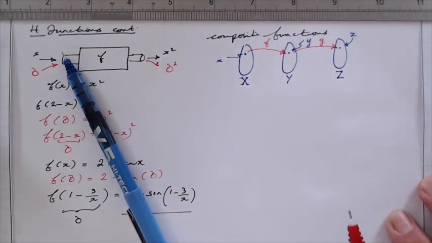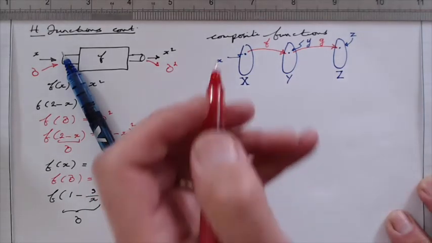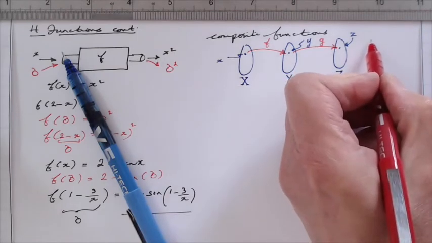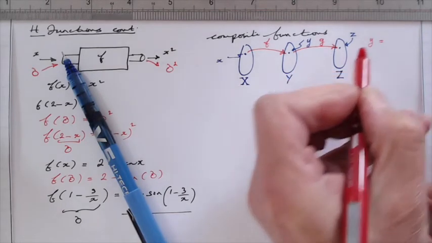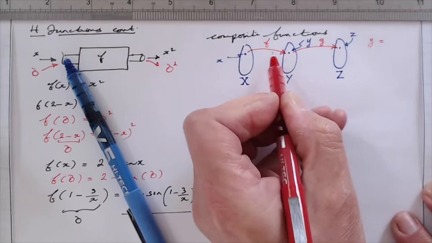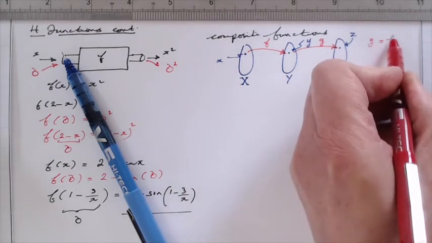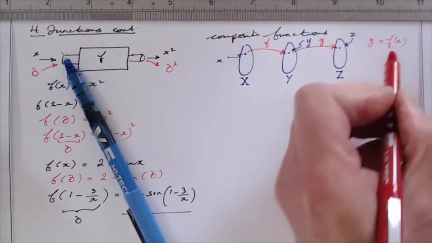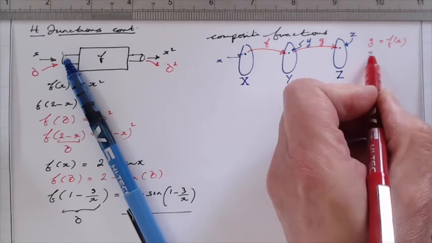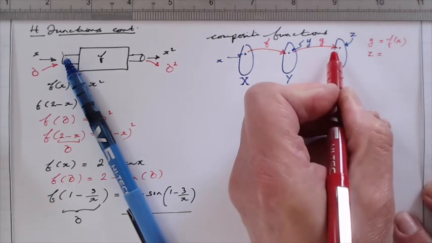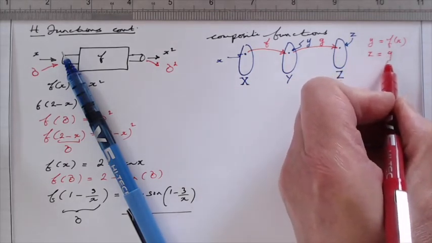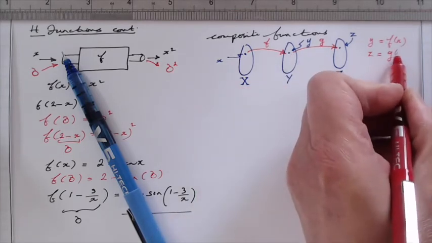Okay, now what we can write here is that y is obtained by applying the function f to x, and z is obtained by applying the function g to y.